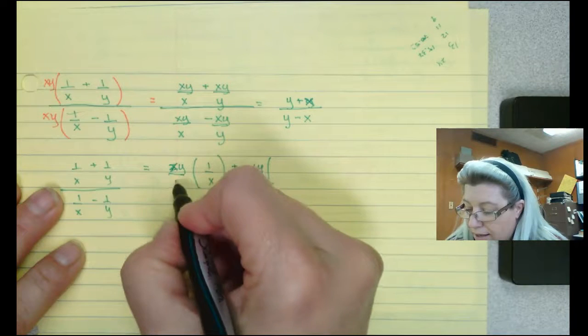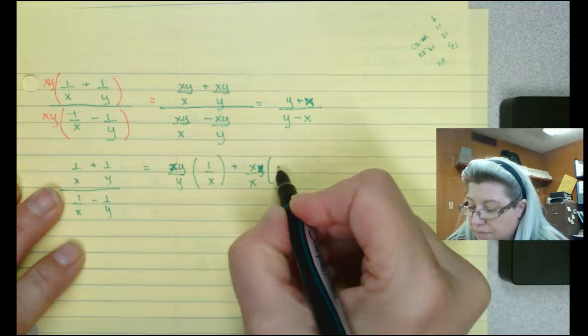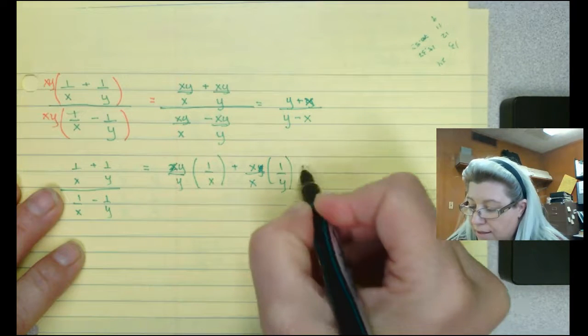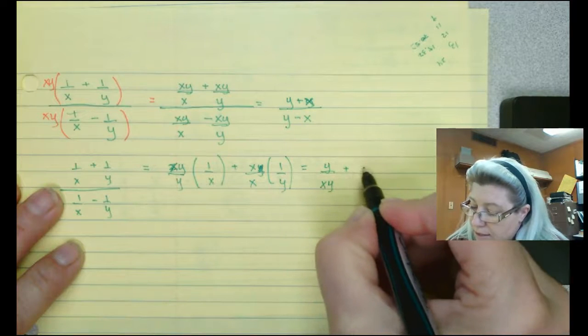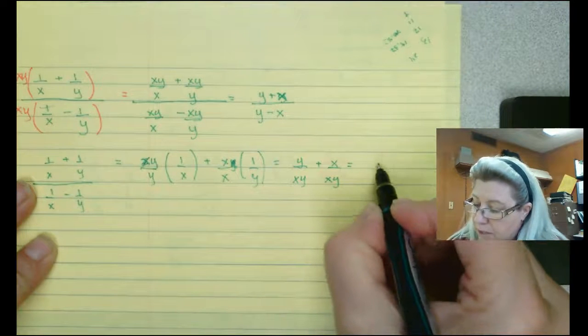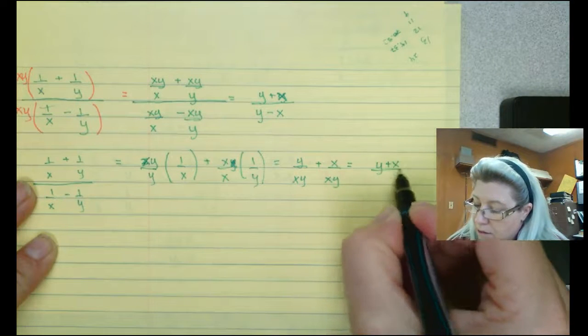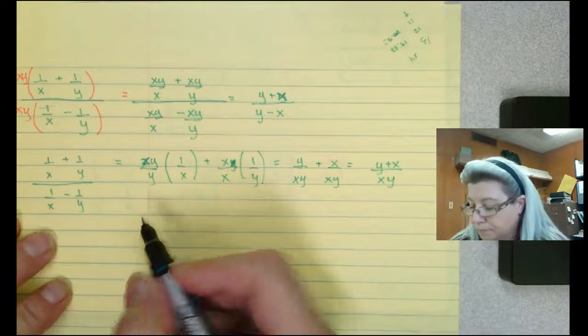I need a y here, sorry about that, and I need an x here. That is y over xy plus x over xy. That's going to be y plus x all over xy. That was just the top number.